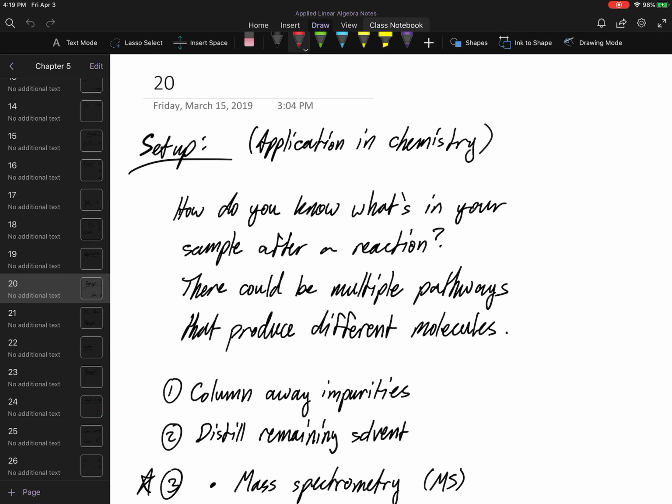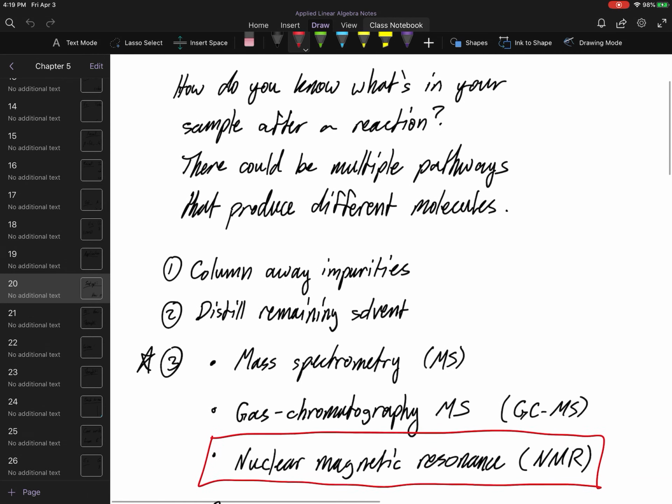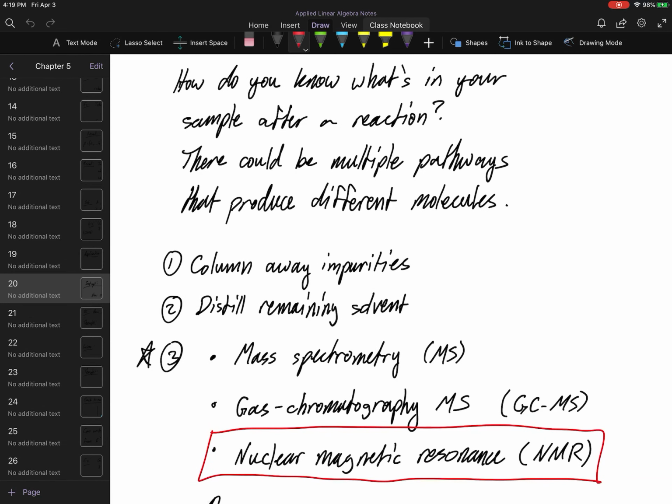And what we typically do in a wet lab is we take some sand, effectively some silica, and let our sample filter through the sand. And this is called a column. We are going to column away the impurities, and we are going to distill what remains.